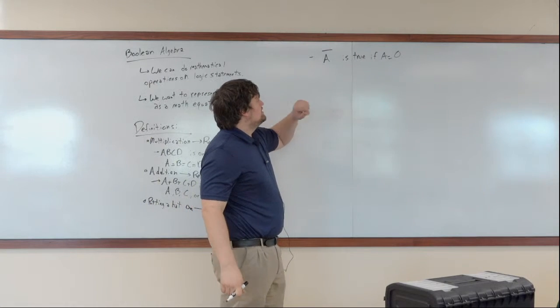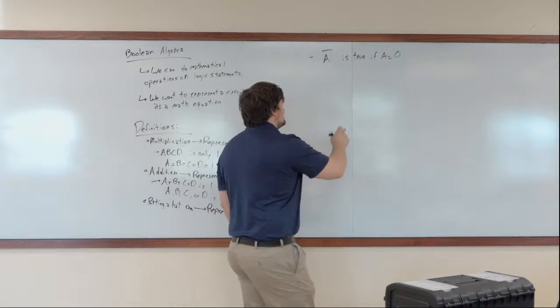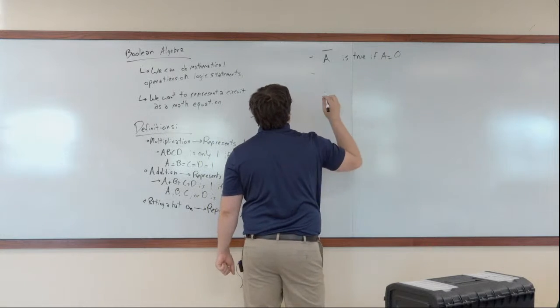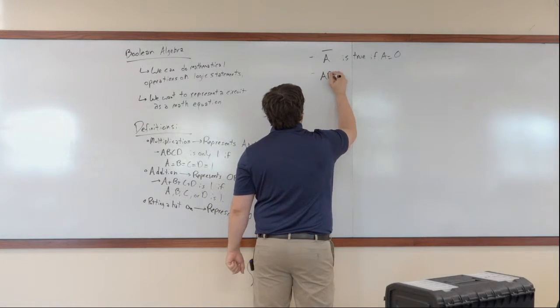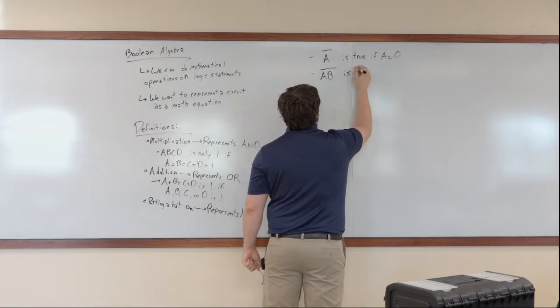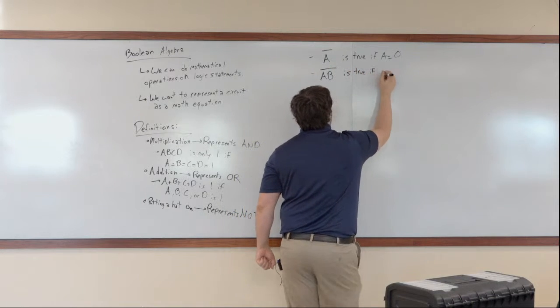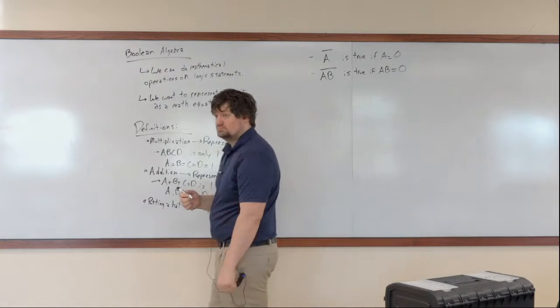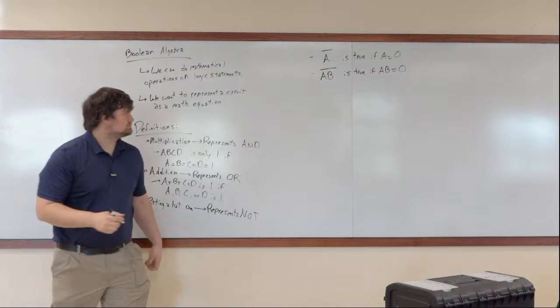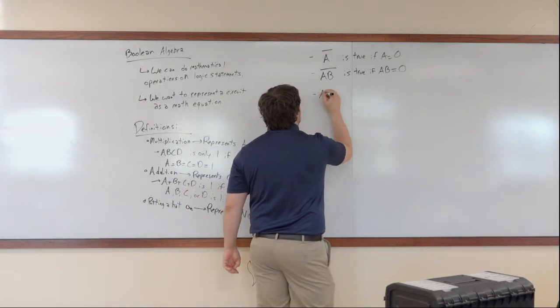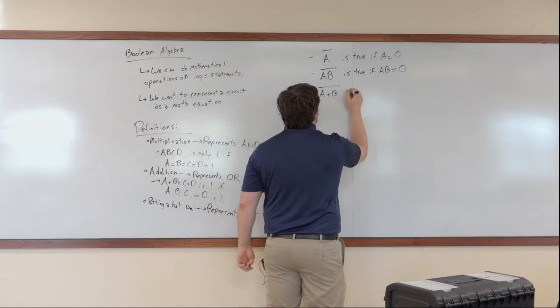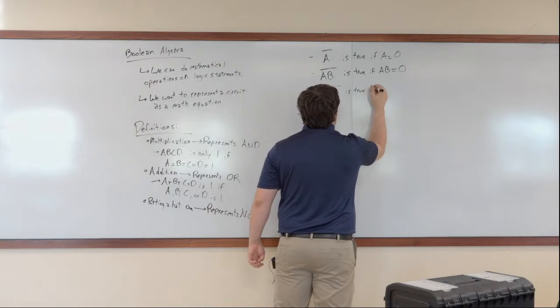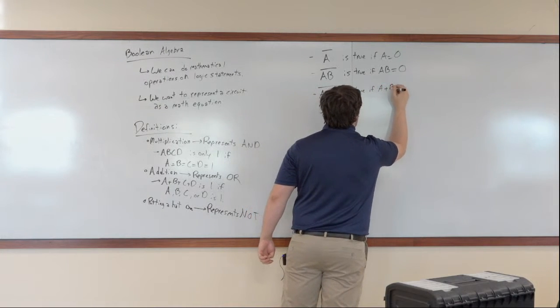So here, this is true if A is equal to 0, but we can also take this and do some fun things with it. This is true if AB is equal to 0. This is true if A plus B is equal to 0.